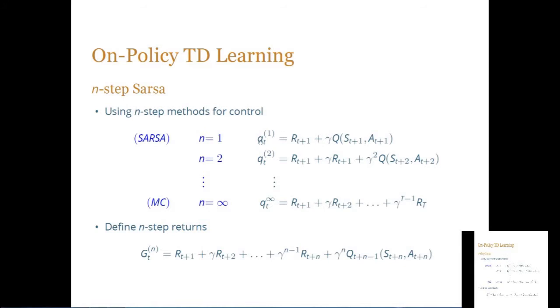So this would be the very simple case where we just look 1 step in the future. We define this type of return as the one that we get at time t plus 1, and we use the estimate from the next time step. But we can look 2 time steps in the future. So here we look at r_{t+1} plus gamma r_{t+2} should be here.